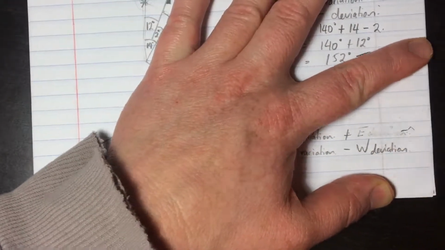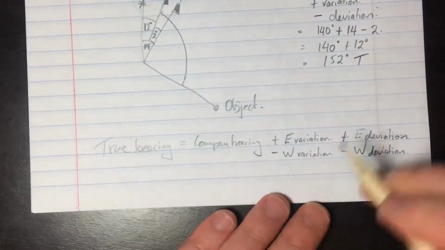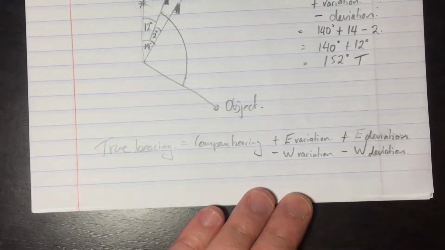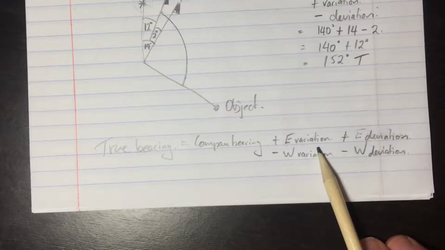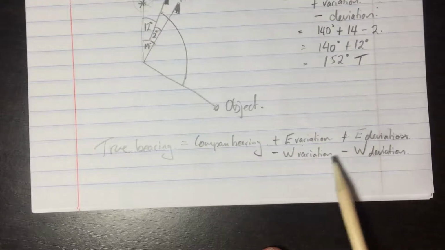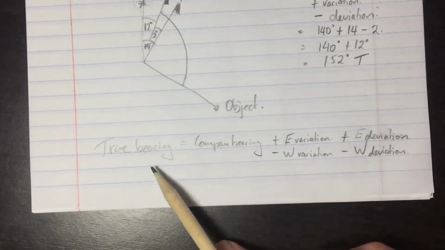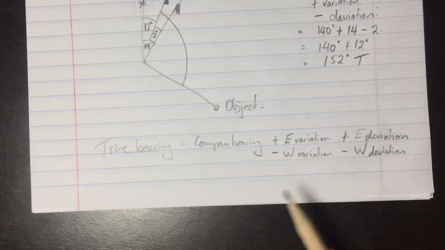If it's an easterly deviation, we add that as well. If it's a westerly variation, we take it away. If it's a westerly deviation, we also take that away from the compass bearing to get the true bearing. So for easterly variations and deviations, we add those variation or deviations onto the compass bearing to get the true bearing. If it's a westerly variation or deviation, then we subtract that from the compass bearing to get the true bearing. And that's deviations.